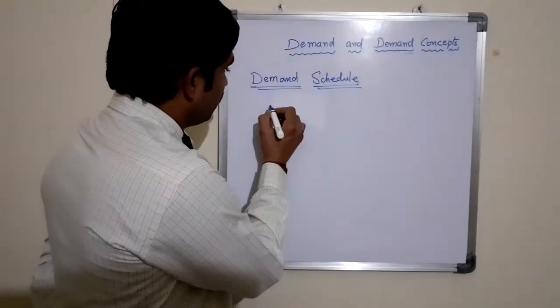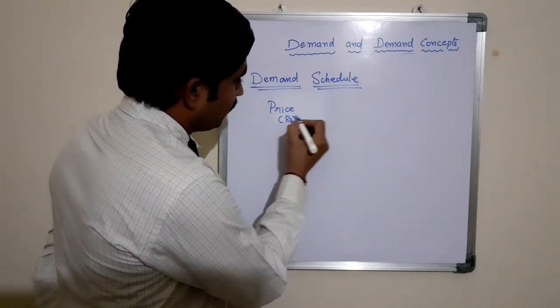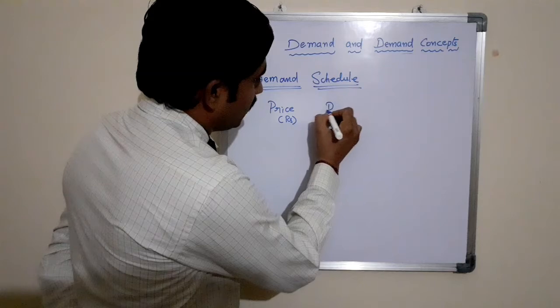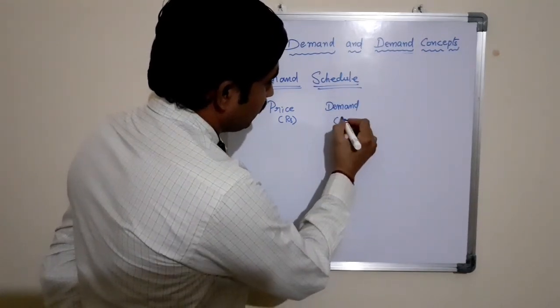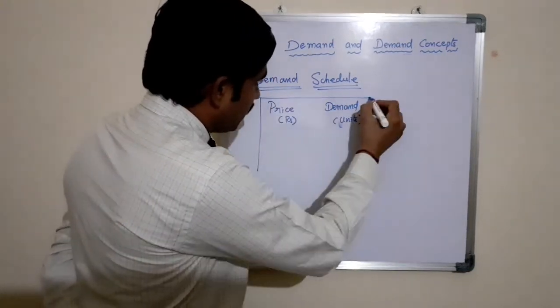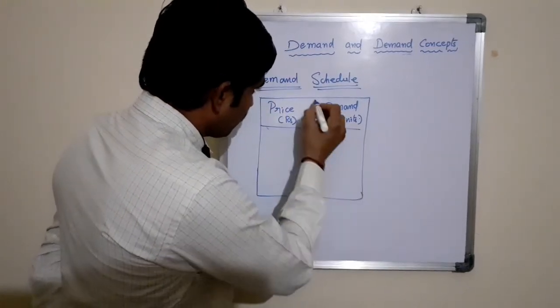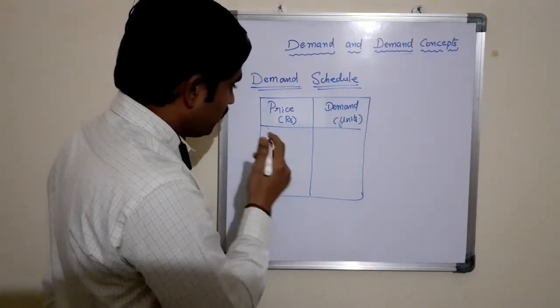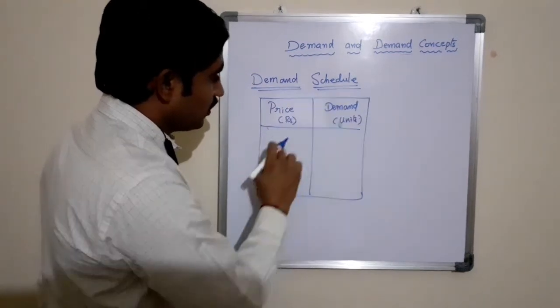For example, here we have the price of the product in terms of rupees and the quantity demanded of the product in terms of units. So the table which shows these two variables, price of the product and demand of the product, is said to be the demand schedule.